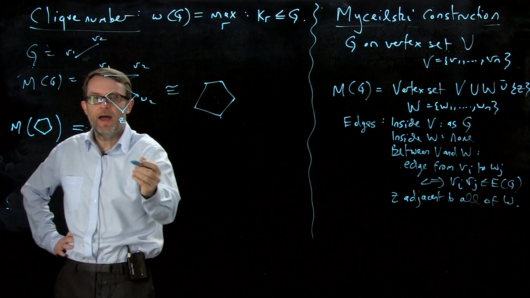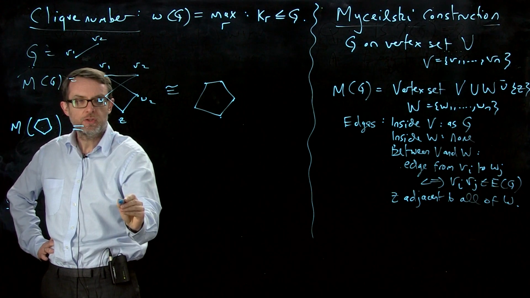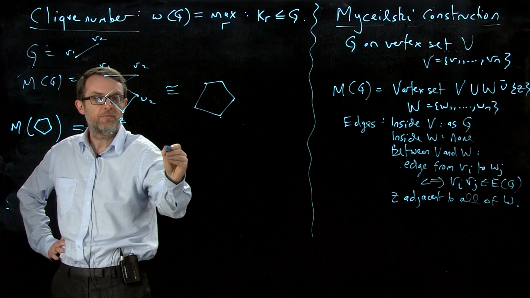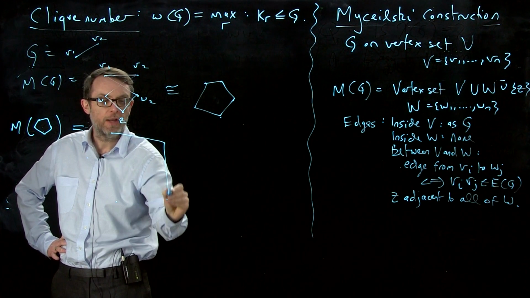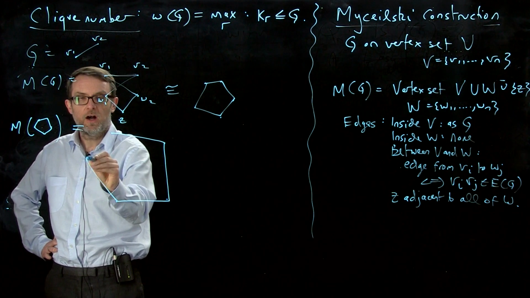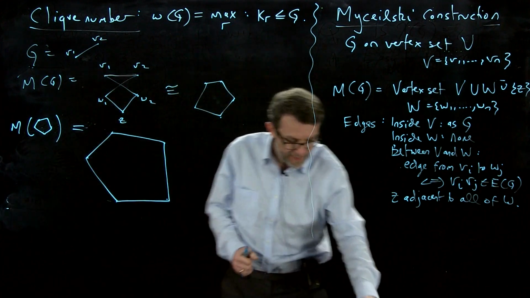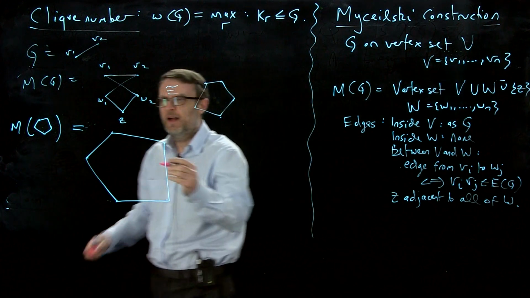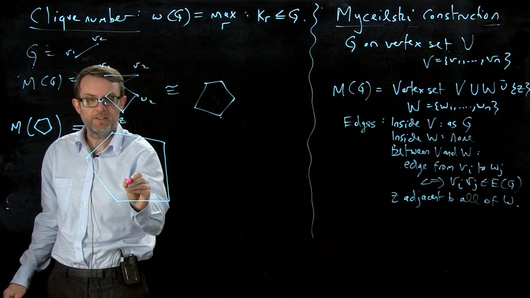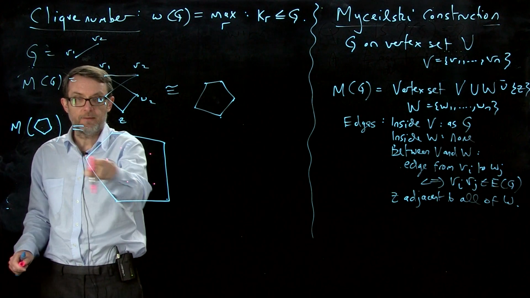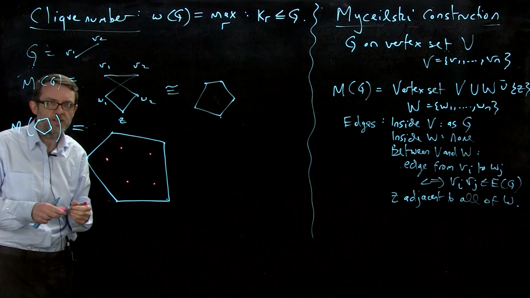Let's see. What I have to do is start with a copy of the cycle. And I'm going to put that on the outside of my graph. These are going to be my 5 vertices of V. And now I also have the 5 vertices of W. And of course, I'm drawing the vertices of W corresponding to the vertices of V in the obvious way.